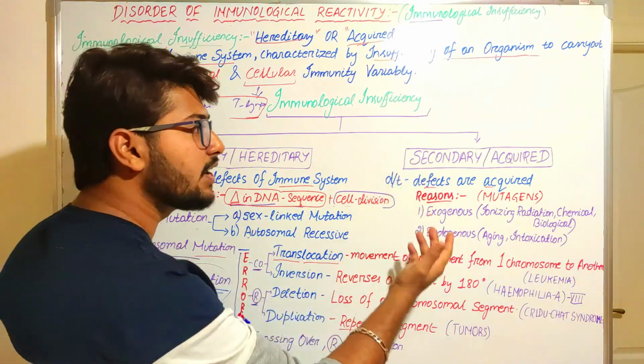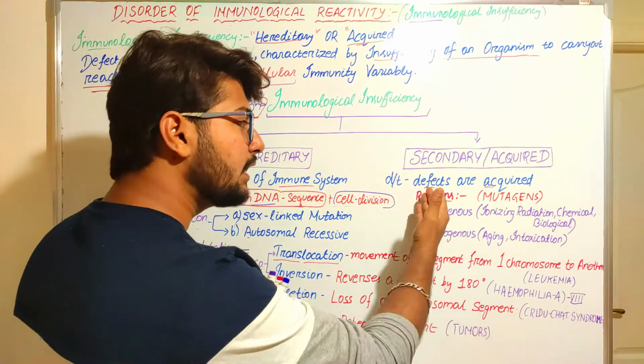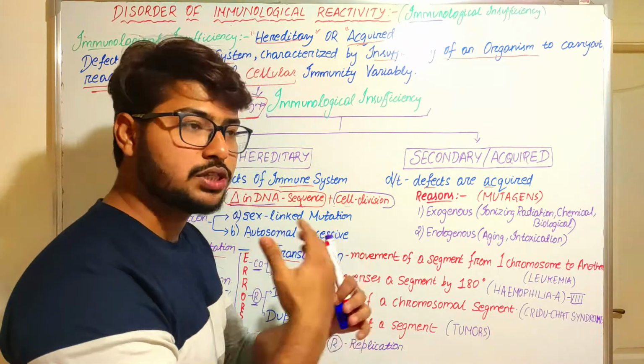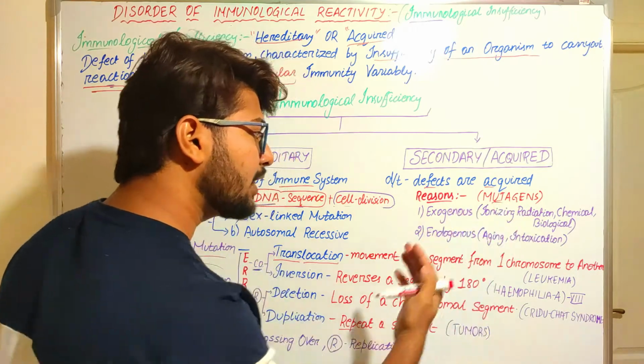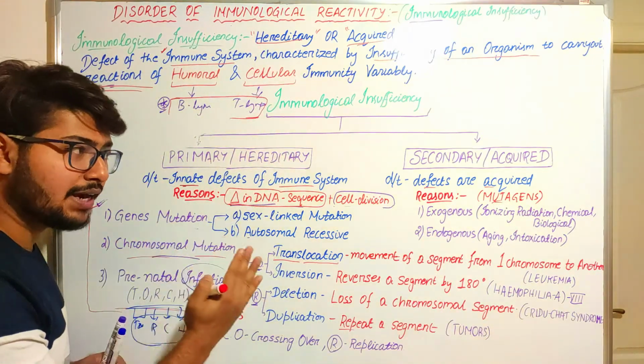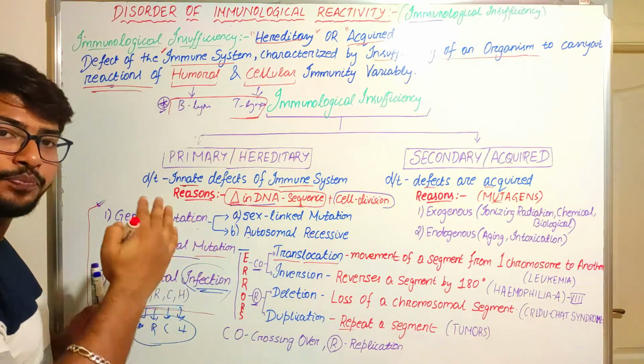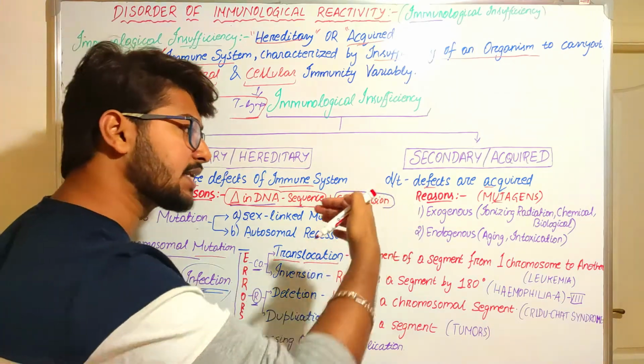Next comes the secondary or acquired. As I discussed, the defects are acquired during the process of development, and the main reasons are mutagens. Mutagens are nothing but the factors that cause mutations. These are external factors.